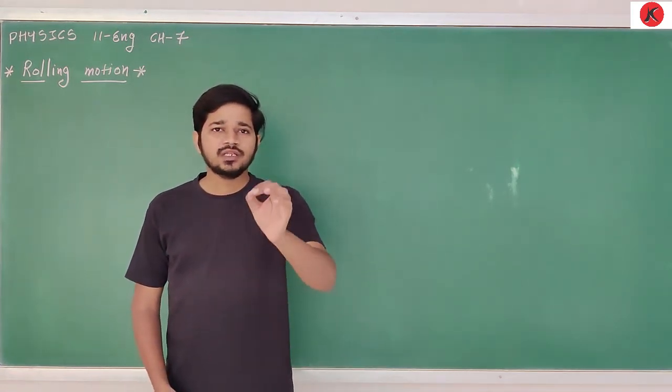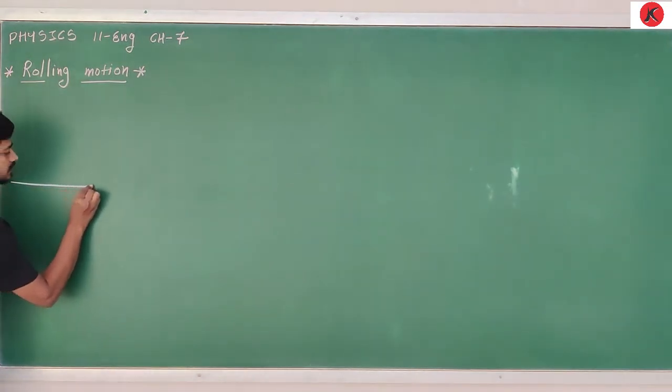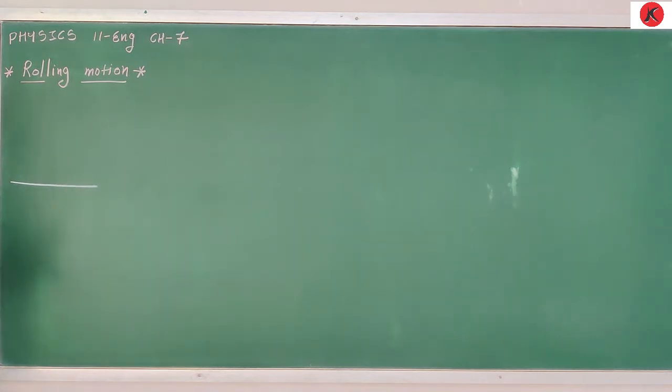of one example, a disk. Okay, for example, it is a level surface. On this level surface there is one disk.